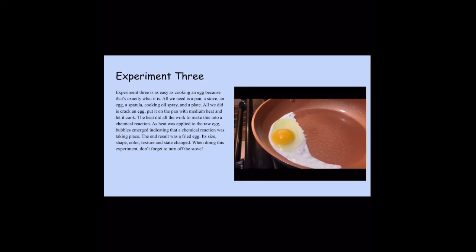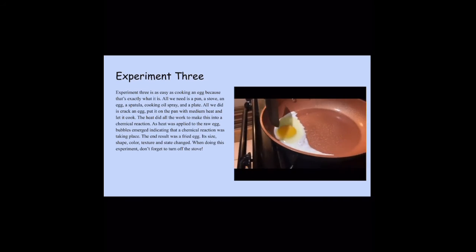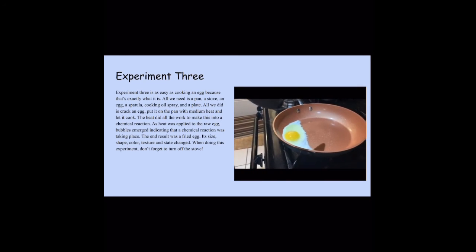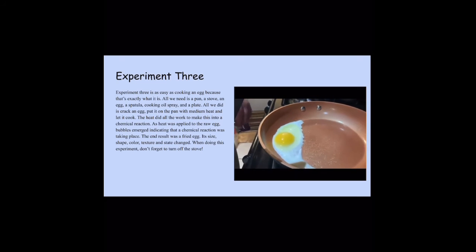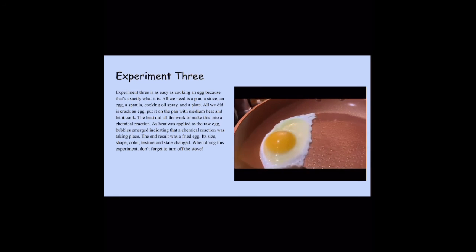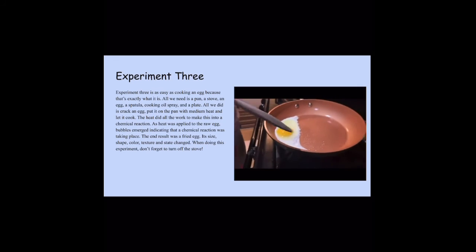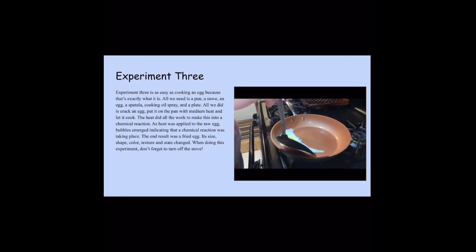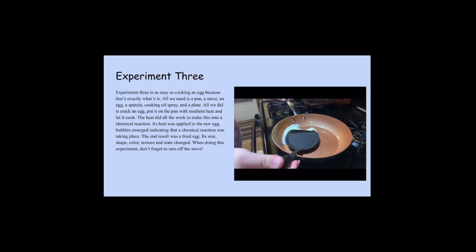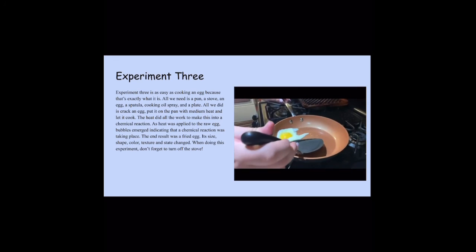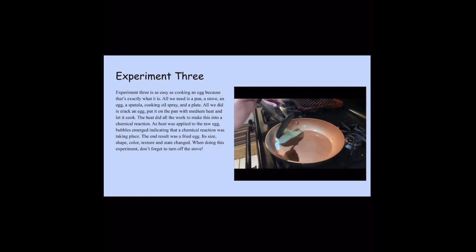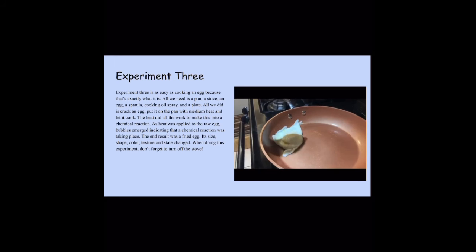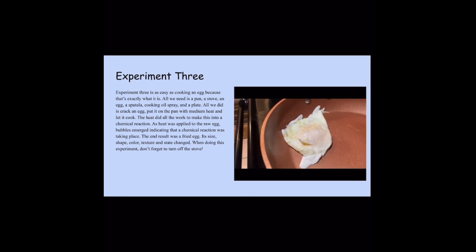So if we watch, we can see the egg slowly getting harder. So now that the egg is solid enough to flip, we can flip it, let it cook just for a little bit on the other side.